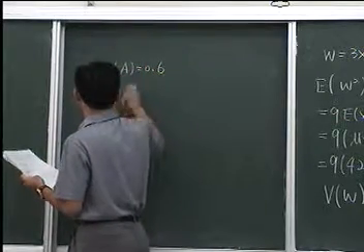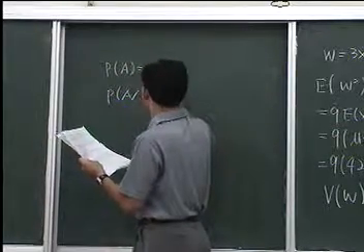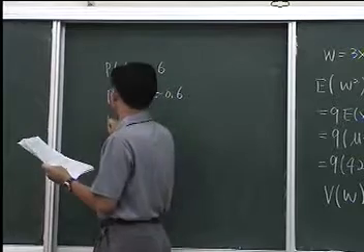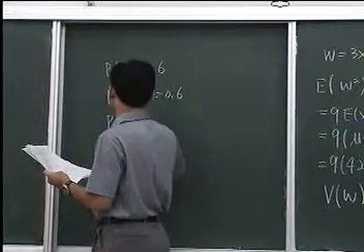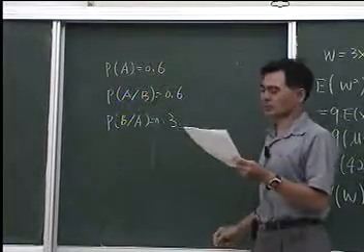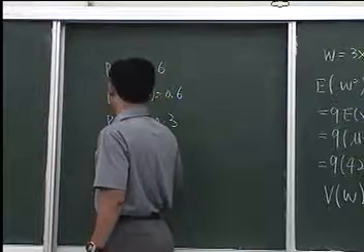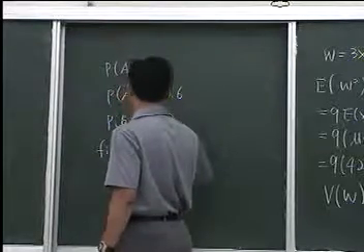And P(A given B) is equal to 0.6. And P(B given A) is equal to 0.3. The first question you have to find, okay? Find P(A and B), okay?